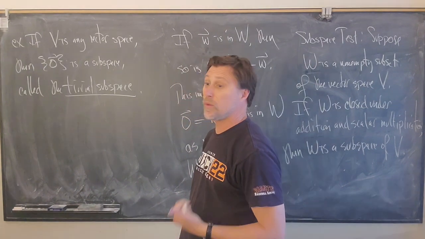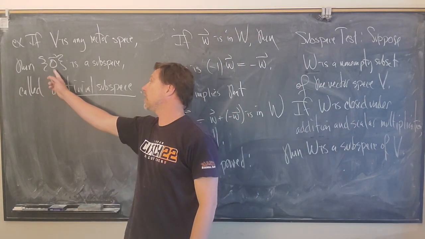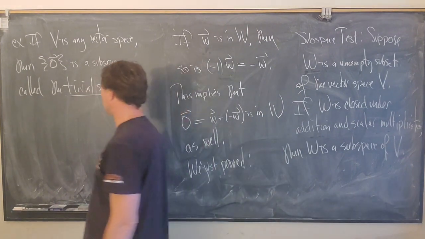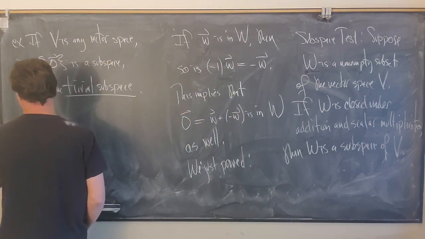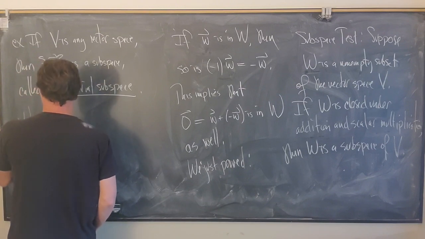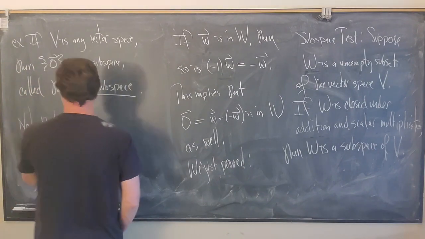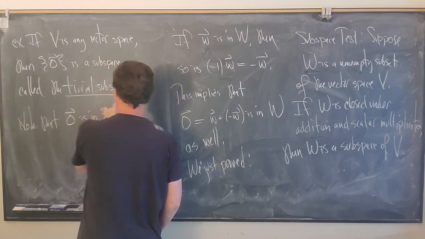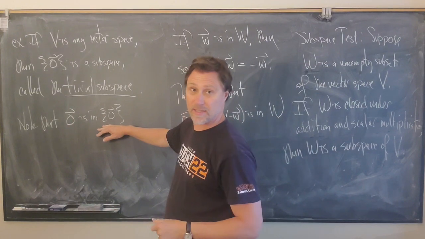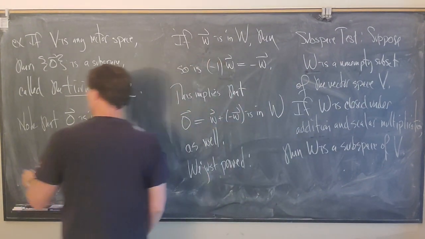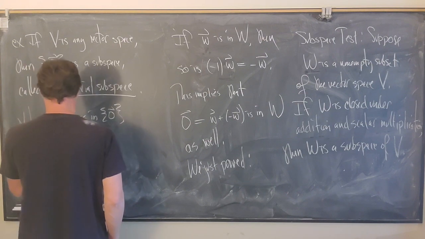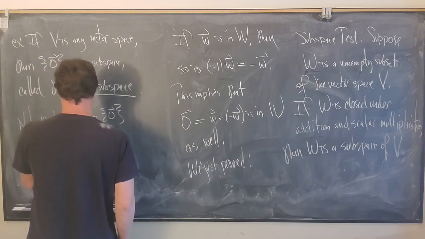So what do we need to do? We need to show that it's non-empty. Well, we're saying right here that it's non-empty, right? It's got the zero vector in there. So note that the zero vector is in the set consisting of just the zero vector, and so it is non-empty.